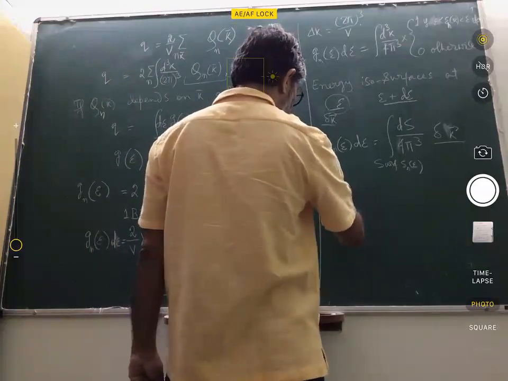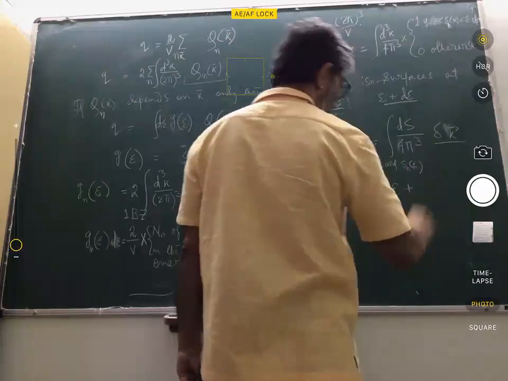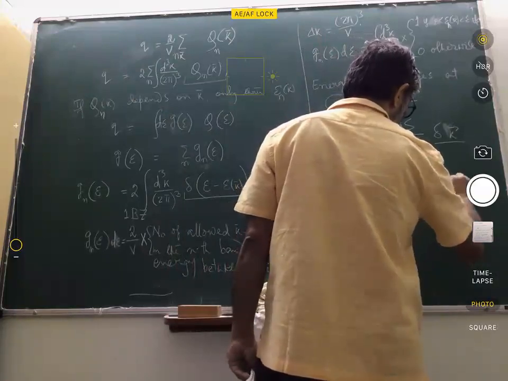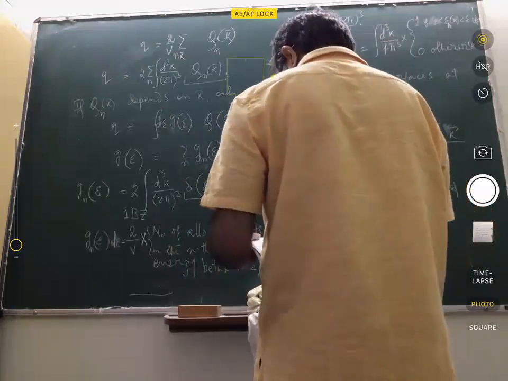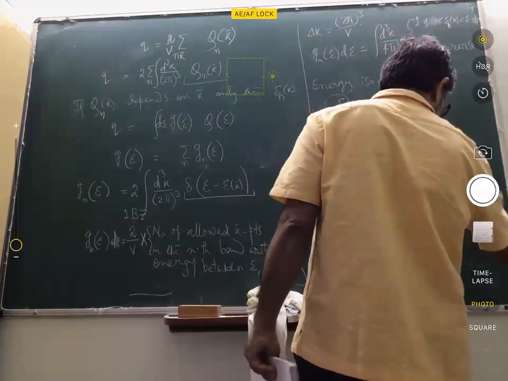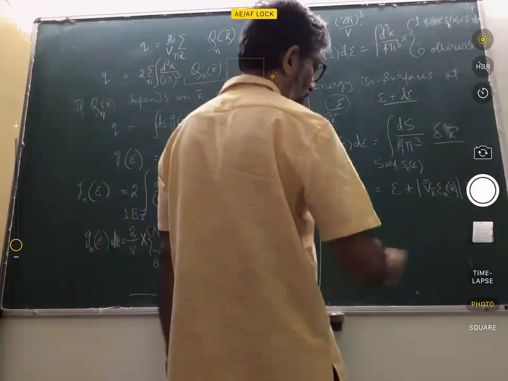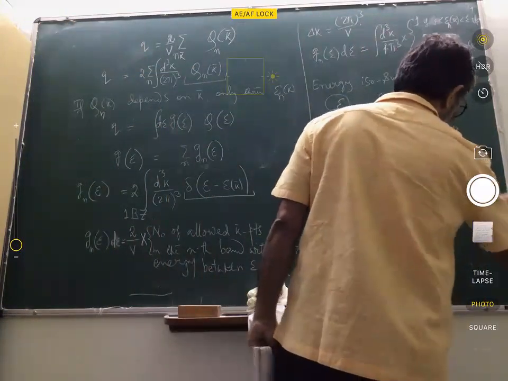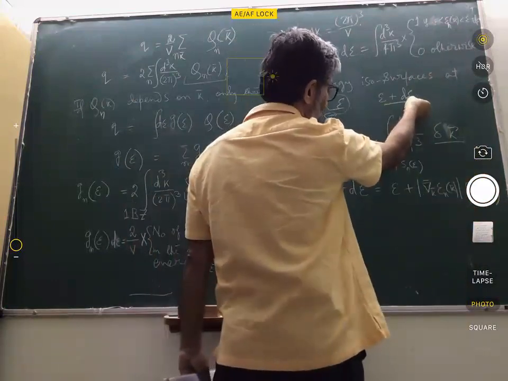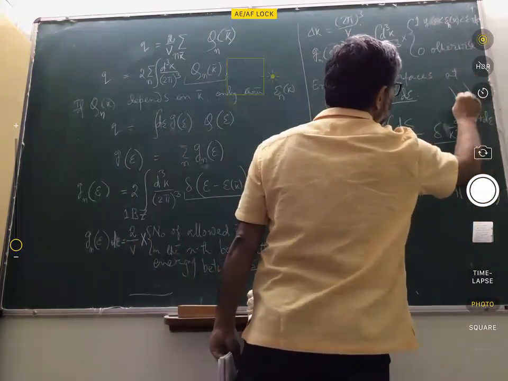So basically, what I'm saying is that this delta k moves from the epsilon surface to the epsilon plus d epsilon surface. If I have two surfaces, this one corresponds to epsilon, this corresponds to epsilon plus d epsilon, then delta k is this way.